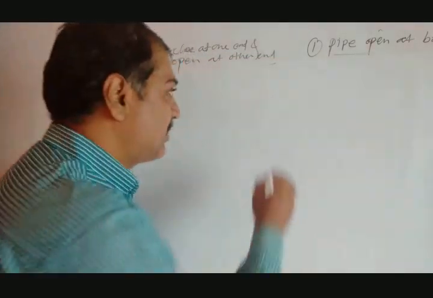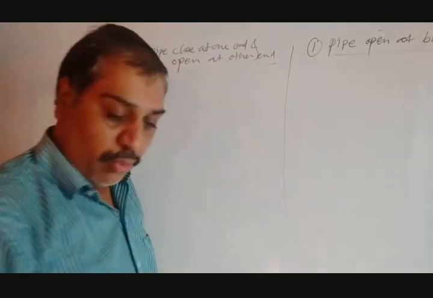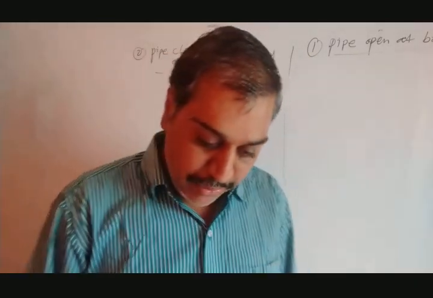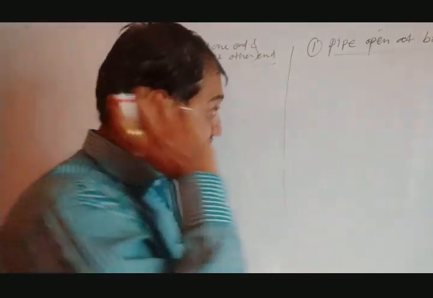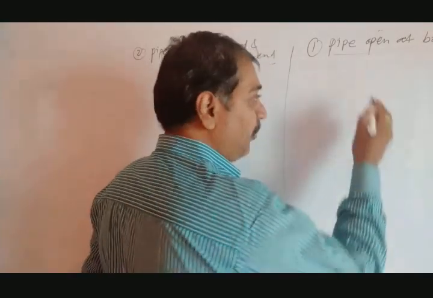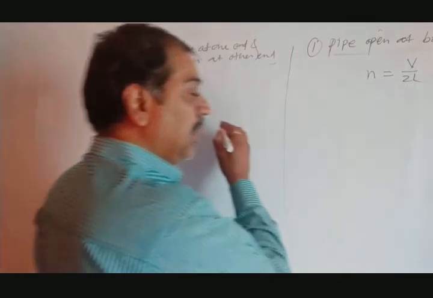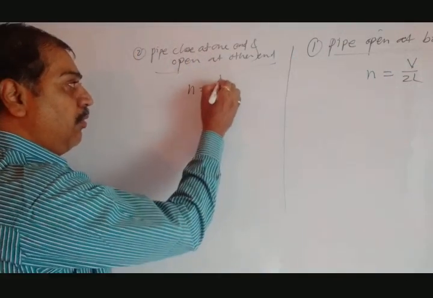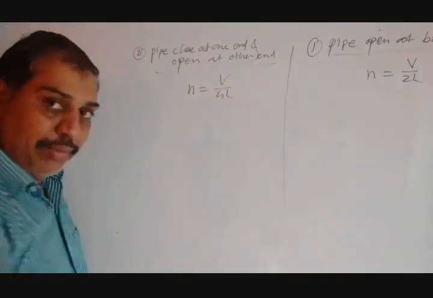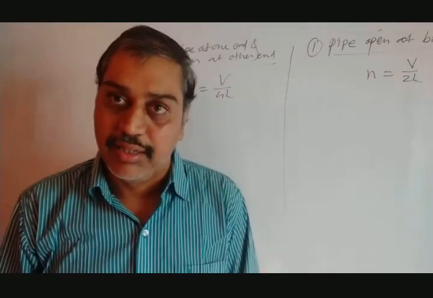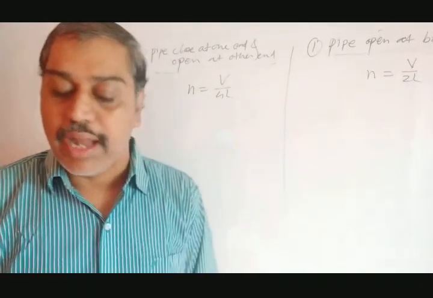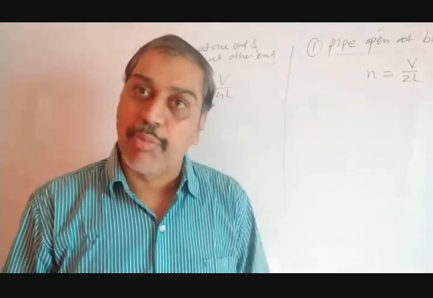Now here we have to see the two conditions. As we know, in case of a pipe open at both ends, we have derived n equal to V by twice L. Here it is n equal to V by 4L, if you remember. This part we have learned. We have derived this equation for the fundamental frequency, or first harmonic, in both the cases.